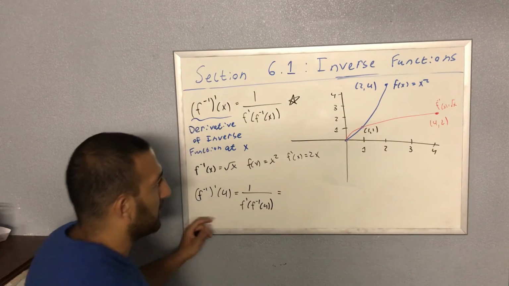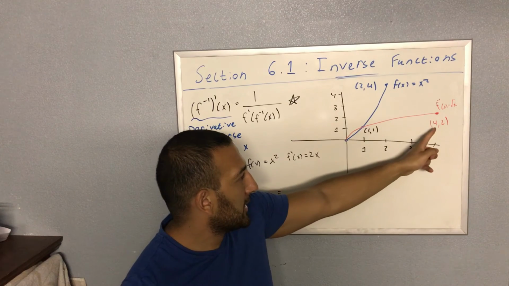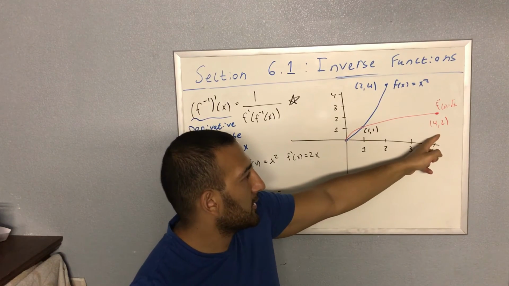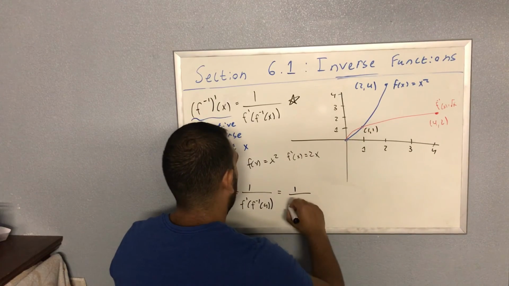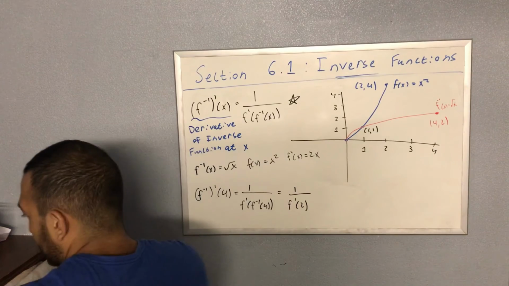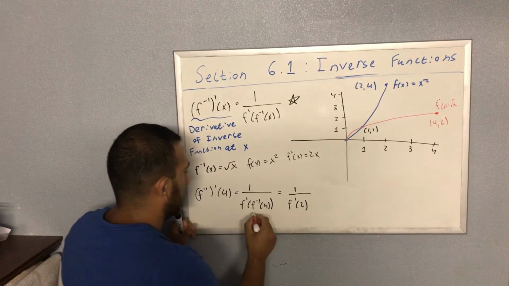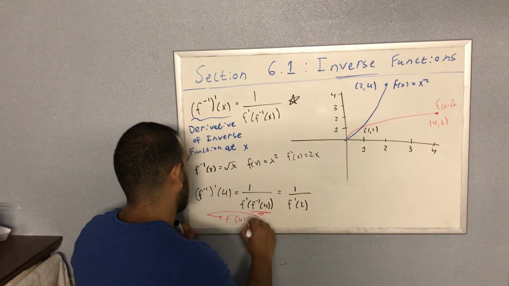Okay. Now looking at this, what is f inverse of 4? So you stick 4 into this function, it tells you the output is 2. So this is just 1 over f prime of 2. Because, if you look here, f inverse of 4 is 2.